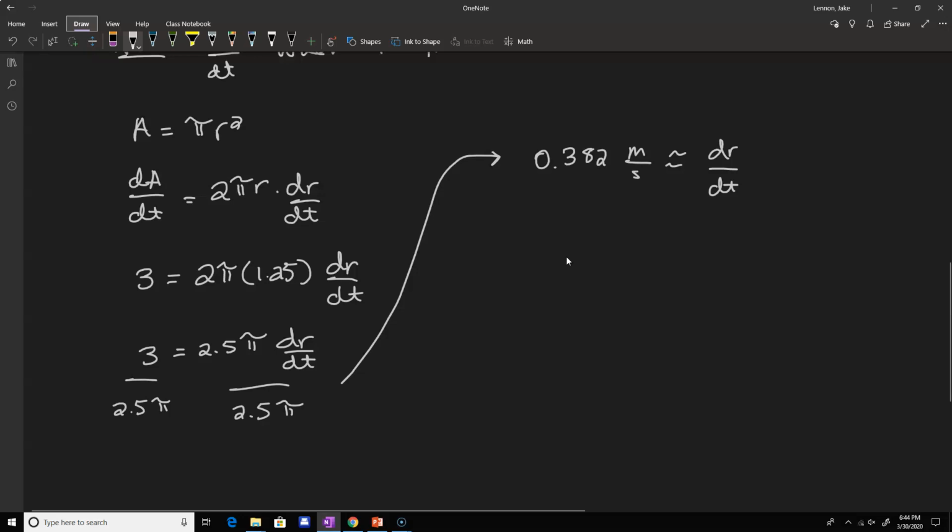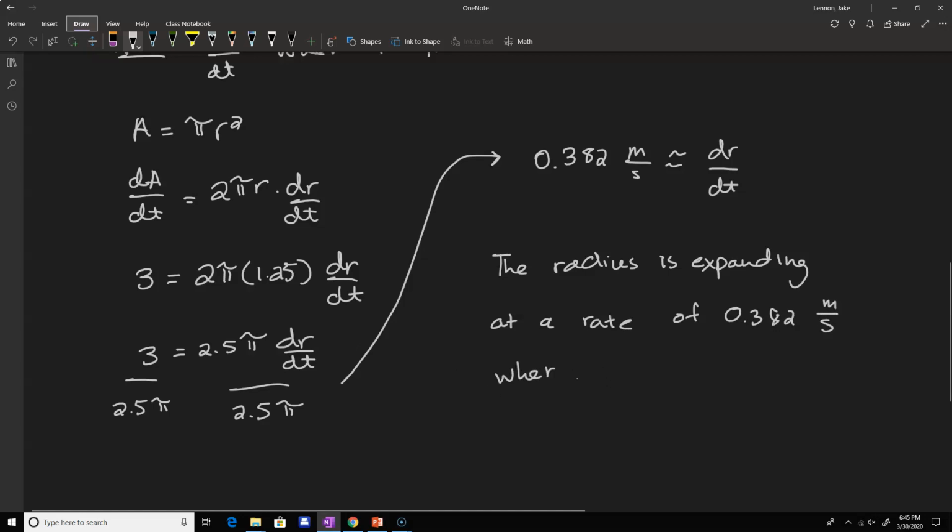So basically the radius is expanding at a rate of 0.382 meters per second when r is equal to 1.25. So that's that.